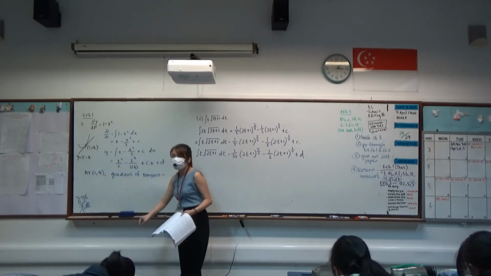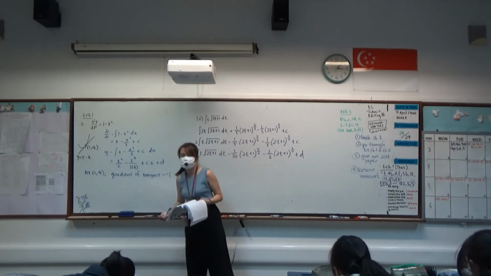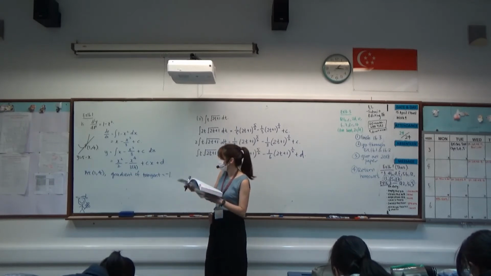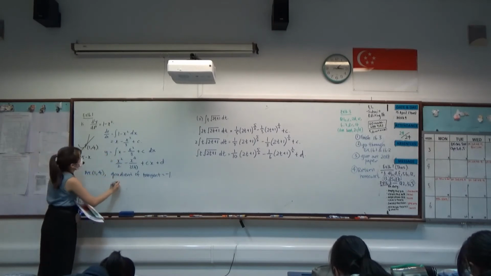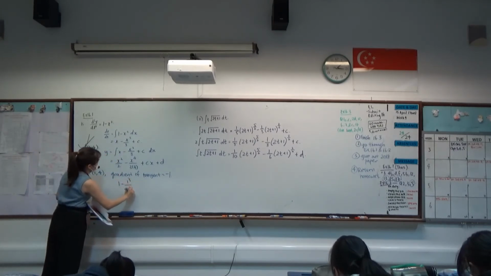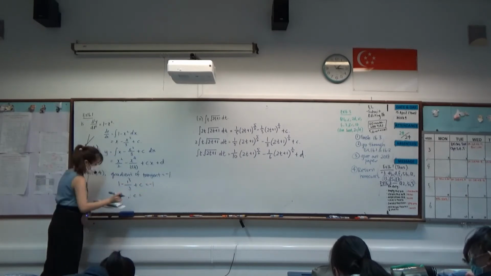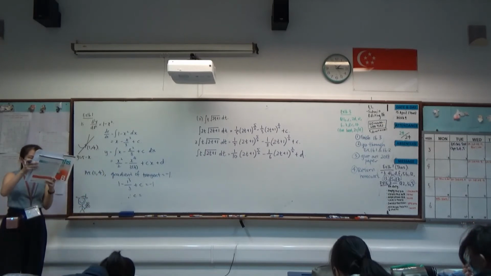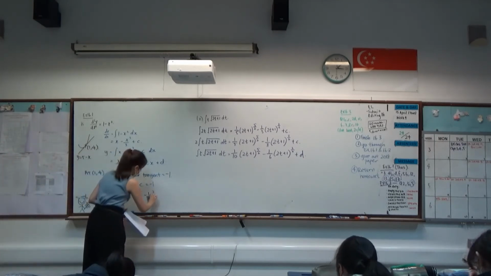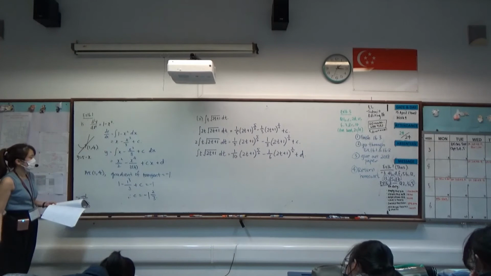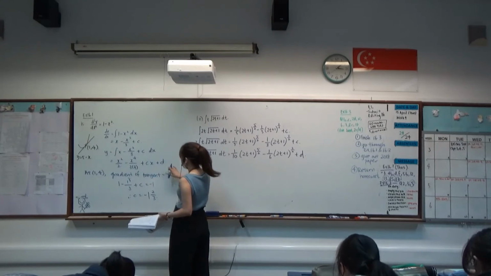From the equation of straight line, y equals to mx plus c. This is 5 minus x, so gradient is negative 1 from the equation of the tangent. So that means that dy over dx is equals to negative 1 when x is equals to 1. You can go and do the calculations. C will be equals to, what is C? Negative 1 and 2/3. Okay, so if c equals to negative 1 and 2/3, now we need to find out what is d.